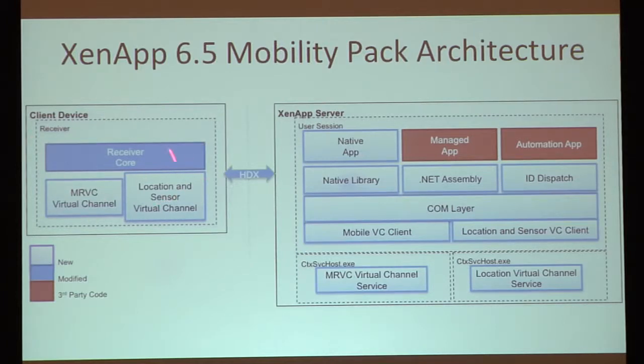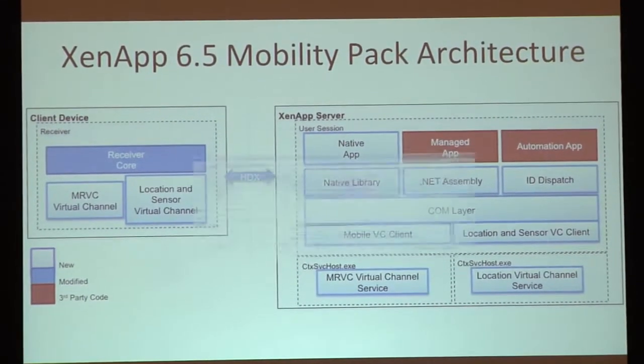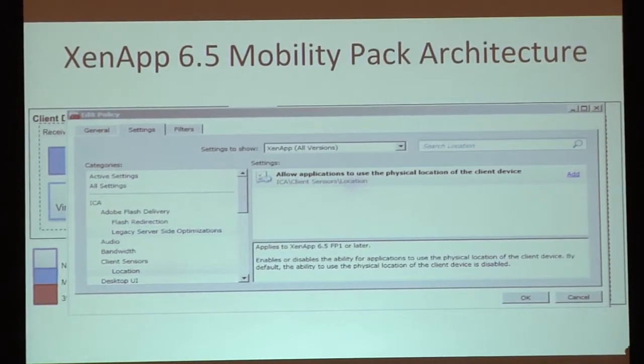This receiver is running on your device, so we can have some access to the device itself, ship that stuff back over virtual channels to your server, and you can react to those things on your server. Since all of these are virtual channels, they can all be controlled via policy.